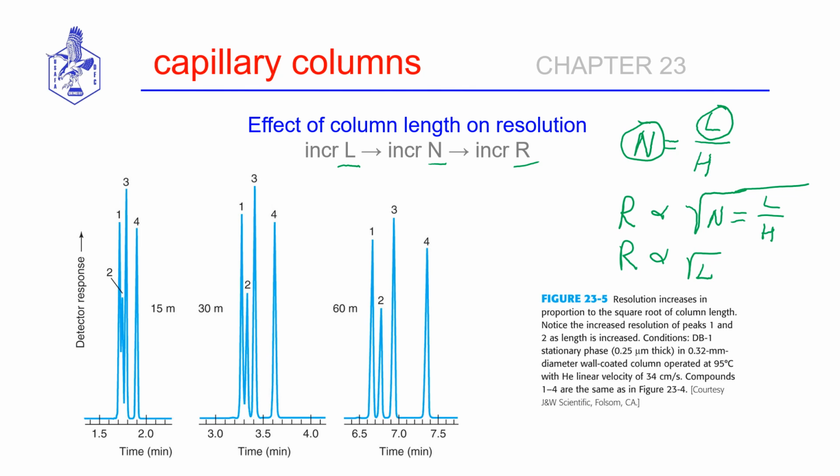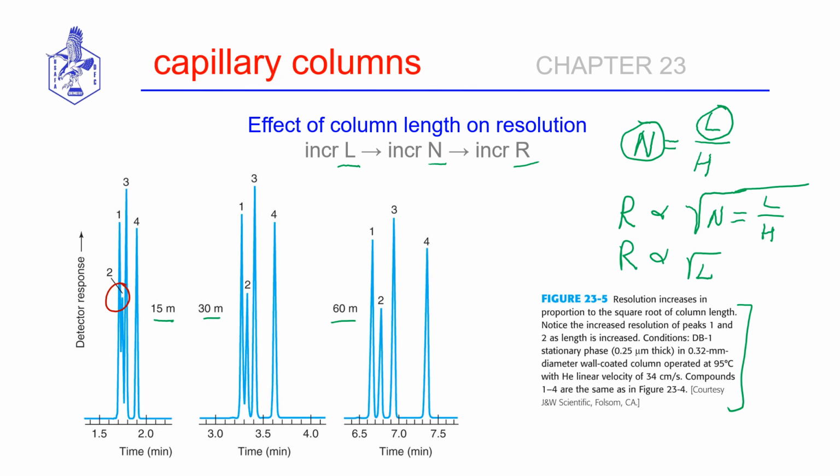So we're looking at real data here for separations on analogous columns. The only variable for these columns is their length. So in separating the compounds designated here in the figure caption, we're looking at what happens for a 15-meter column versus a 30-meter versus a 60-meter. You will notice with the 15-meter, we have poor resolution of peak 2. We're not getting baseline resolution.